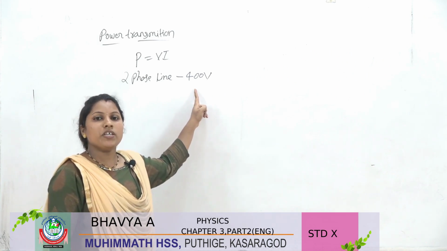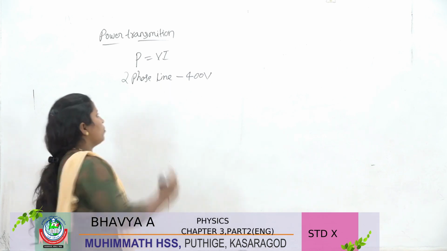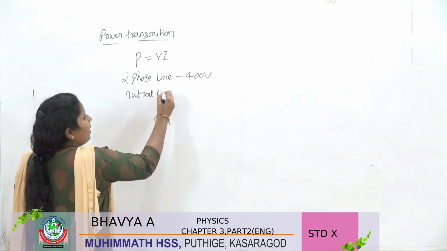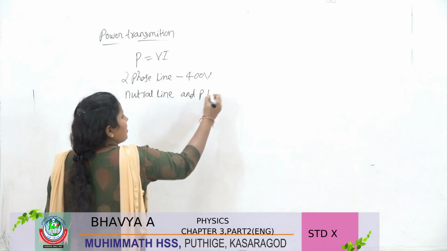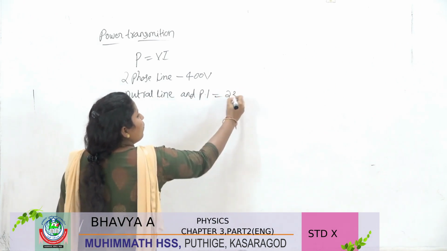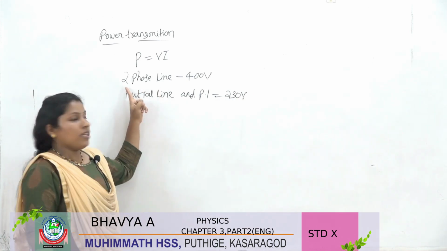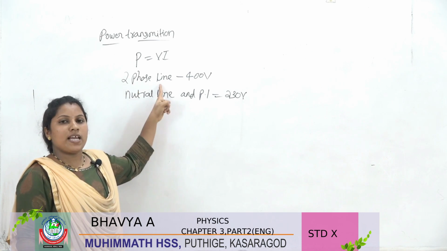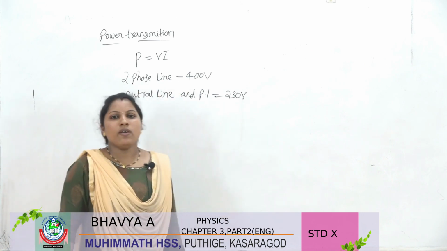The potential difference between the neutral line and a phase line is 230 volt. In power transmission, the neutral line potential difference is 0, the phase line to phase line is 400 volt, and neutral to phase line is 230 volt.